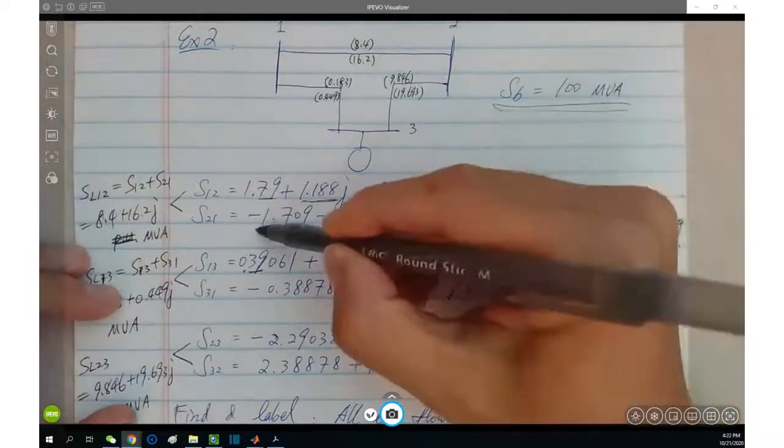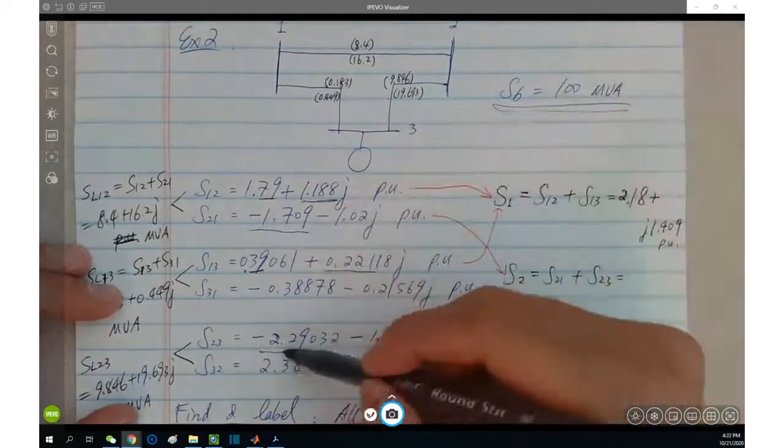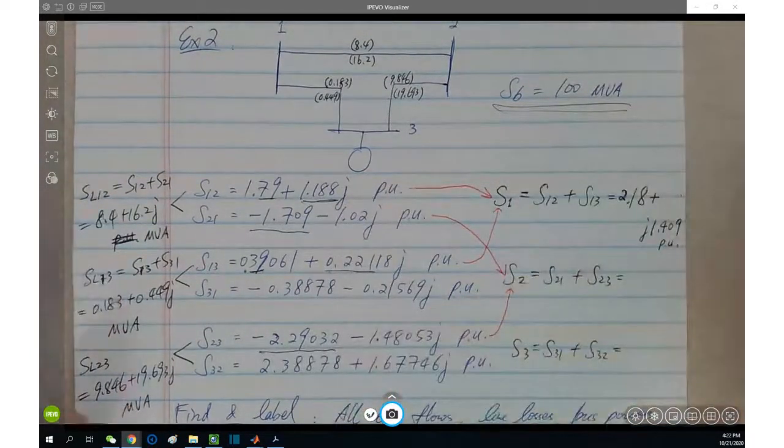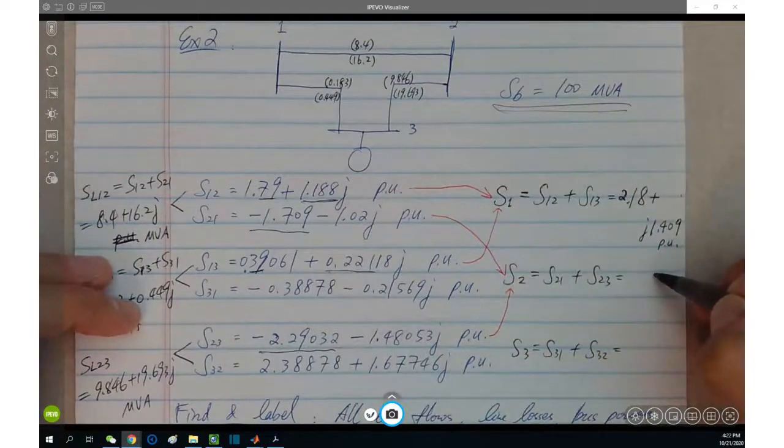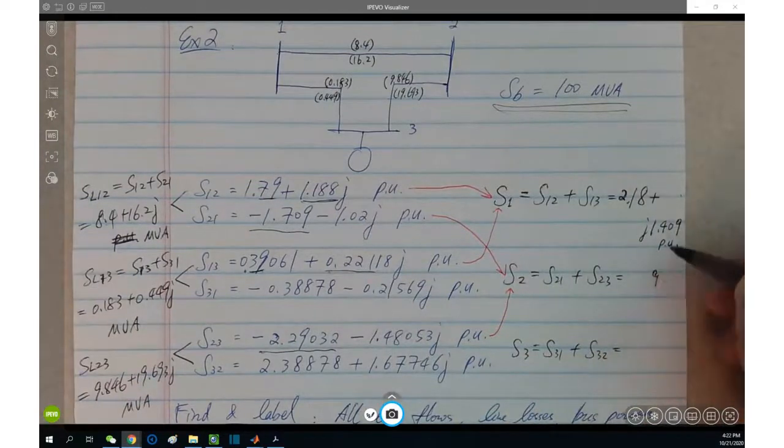So here, plus here, what do you got? Basically got negative 3.999, right?